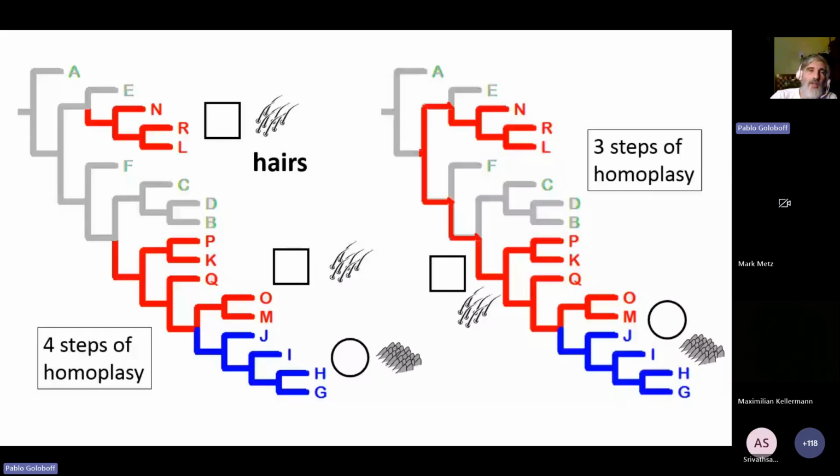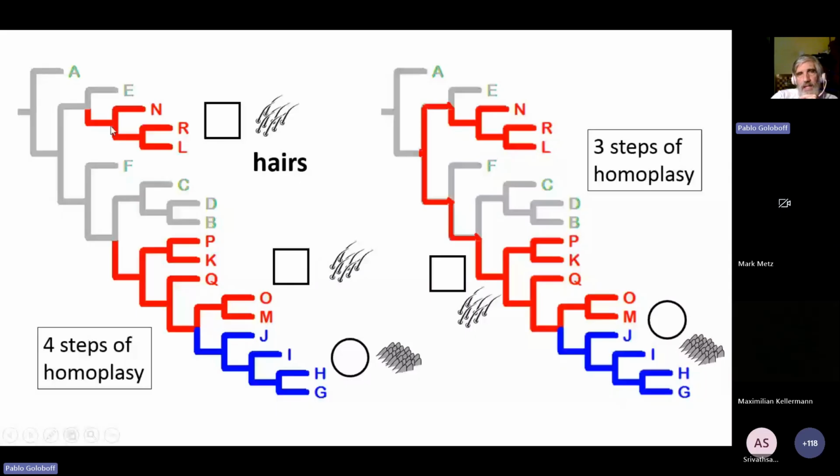Okay, so if we have 2 independent originations, this fails to account by common ancestry for the similarity in tails, red color, section, and hairs. So this reconstruction here has 4 steps of homoplasy, while this reconstruction here continues having 3 steps of homoplasy, right?